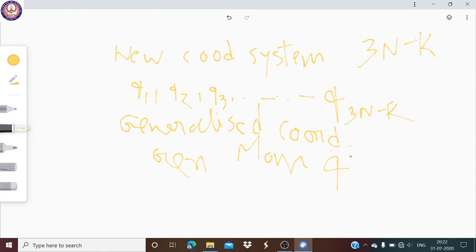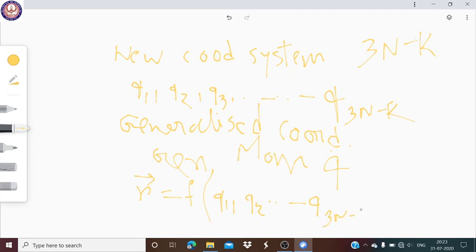Now for the system of particles, the position vector will be a function of q1, q2, up to q of 3n minus k.